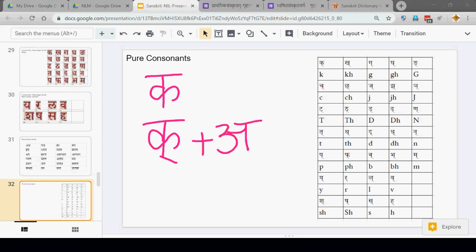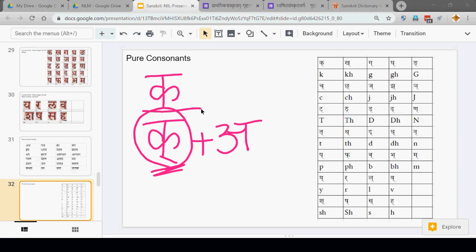Is written in Devanagari like this, correct? So there is ka and there is a. So this ka by itself technically cannot be pronounced, but it can be written. So when I say ka, it has two parts.